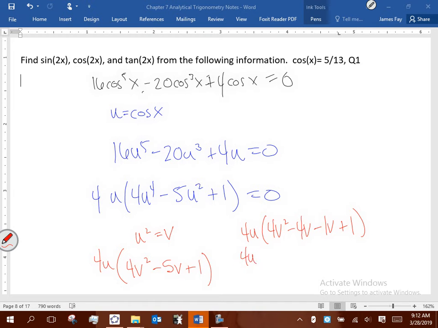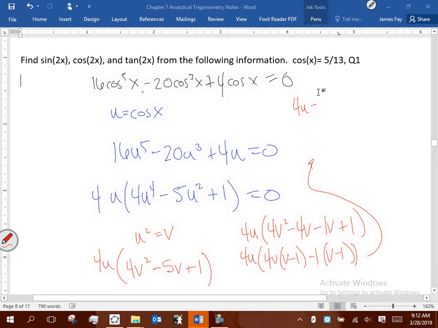I get 4u, and this would be, what, 4v, it's going to be v minus 1, and this is going to be v minus 1. I know this is getting ugly, and I'm running out of room here, and you don't have to do this right now. We get 4u, then 4v minus 1, and v minus 1, right?